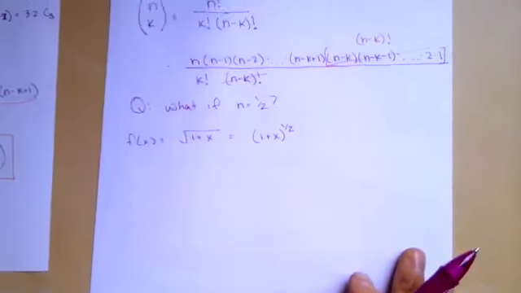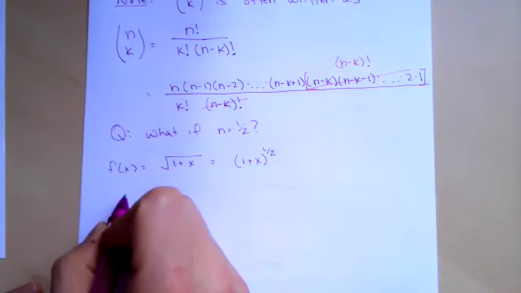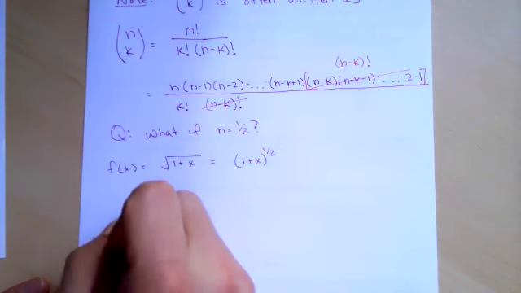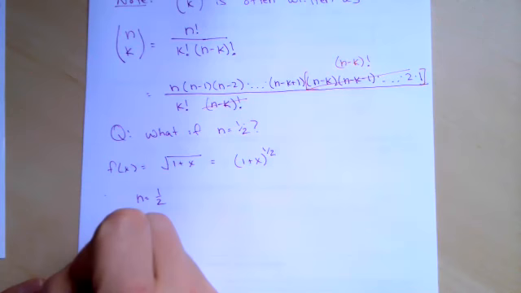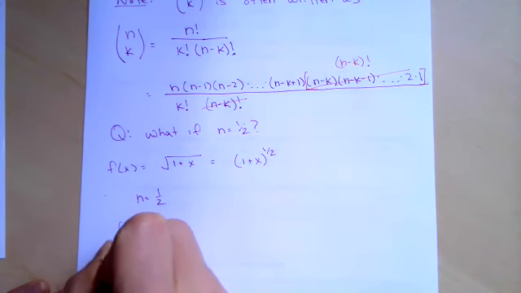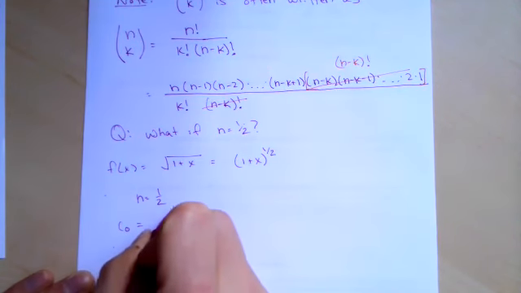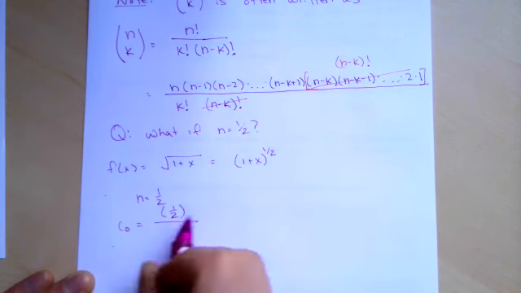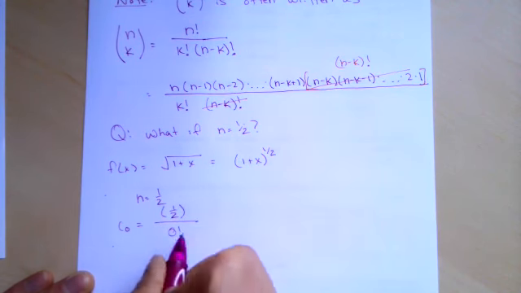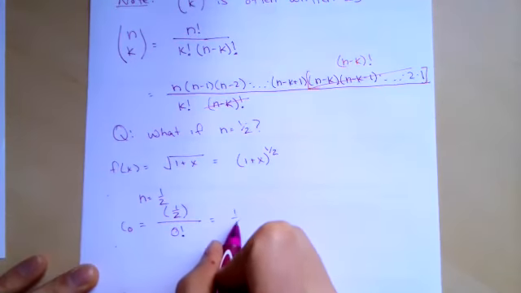And if we want to come up with a power series for this guy, let's go through it real quick. So let's keep our formula kind of handy here. So our n is equal to 1/2. And then we can just find our constants. So our C0 is going to be essentially 1/2 divided by 0 factorial. So that's just going to be 1/2.